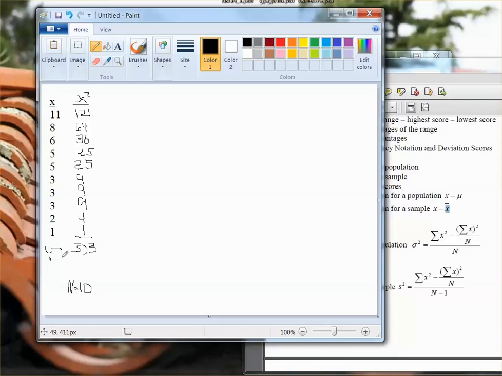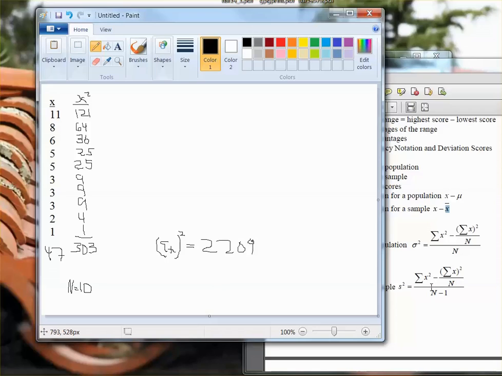So 47 is the sum of x, right? So that means the square of the sum of x is 47 squared, or 2,209.